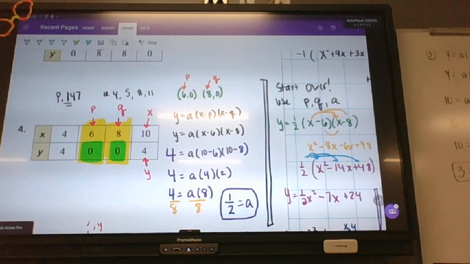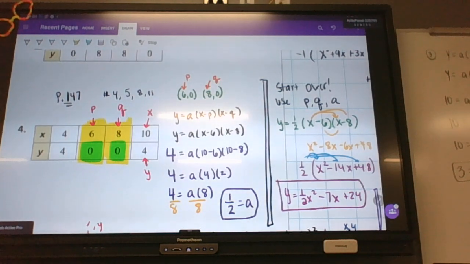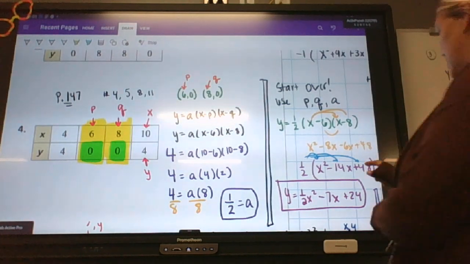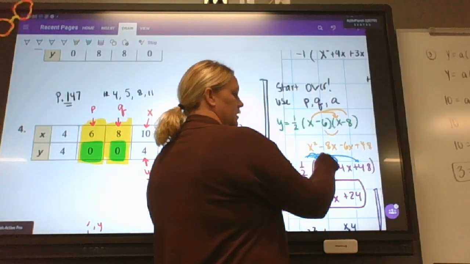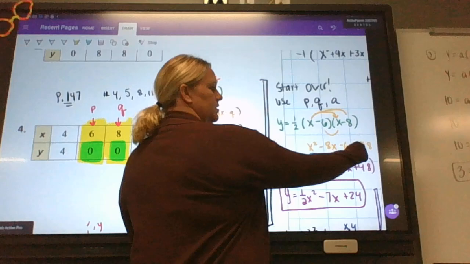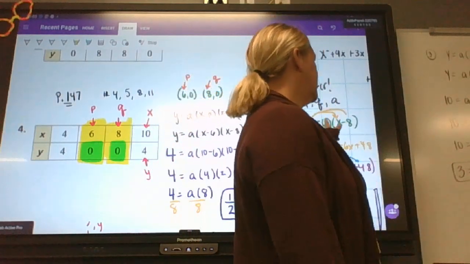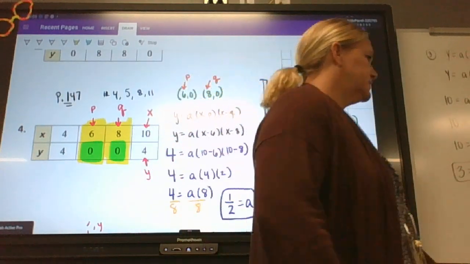I want to remind you of one way to FOIL that might help you remember. A minus sign here. Yeah, that's a 4. Well, because it's 6 times 8, right? 48.